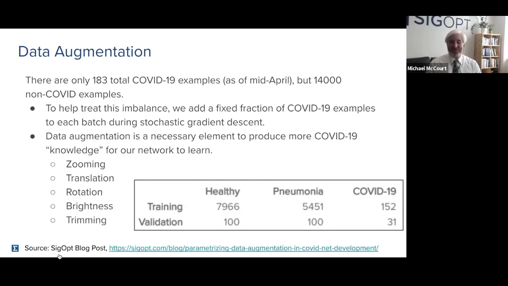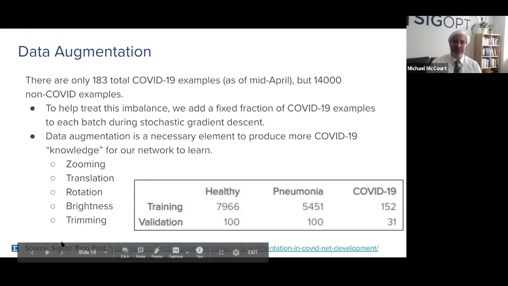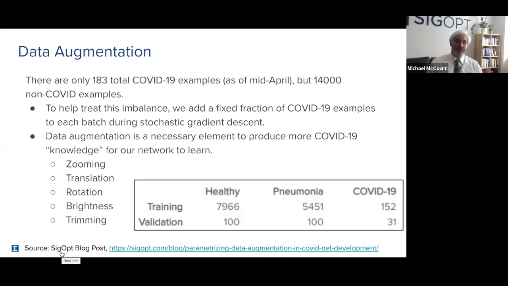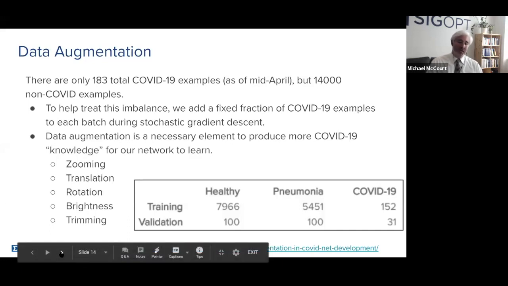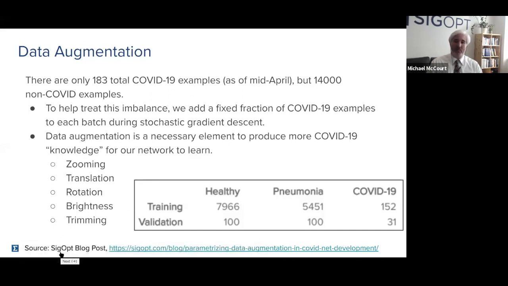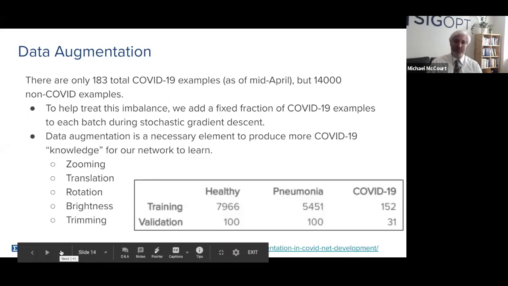However, because there's only 183 such examples, it's very hard to do this in a principled fashion without some amount of overfitting, which is exactly what Dr. Wong was alluding to before, where the model can learn something which isn't actually generalizable, such as which bed somebody is laying in. So we decided to study 4 specific parameters during this data augmentation process.